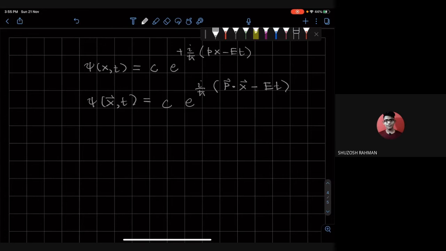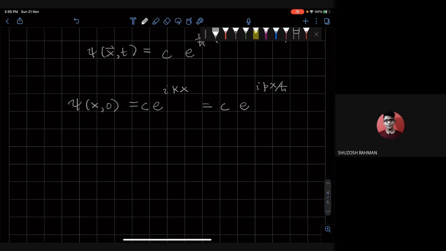So now let's consider the solution at time t0. Then it is nothing but C e to the power i k x, let's not forget C, which is e to the power i p x over h bar, right?